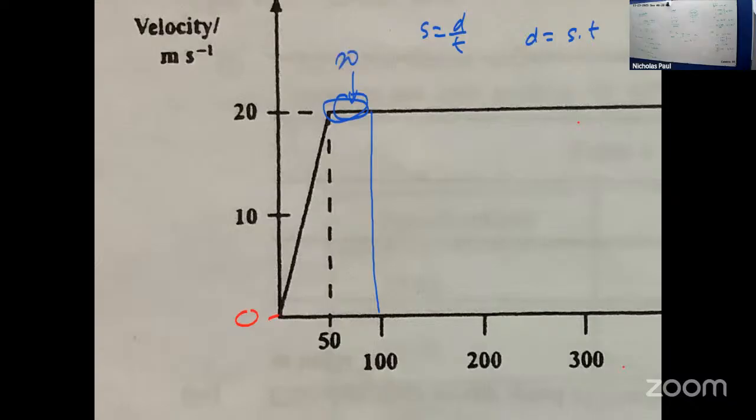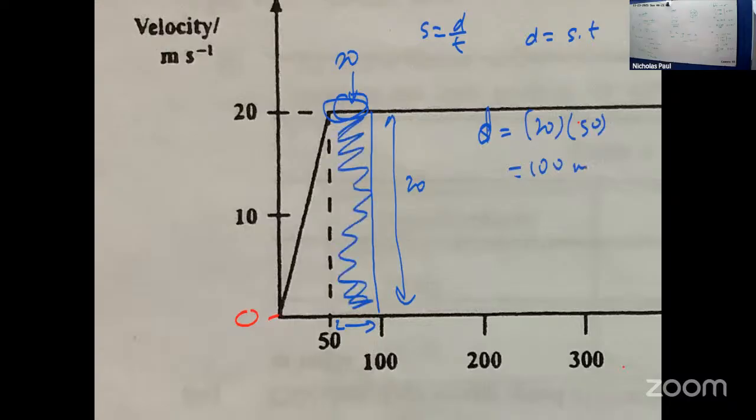Let's pretend this value here is 50, and the value here is 20. So in a case like that, the distance traveled would have been 20 multiplied by 50, which is 1,000. So the whole thing there is 1,000 meters.